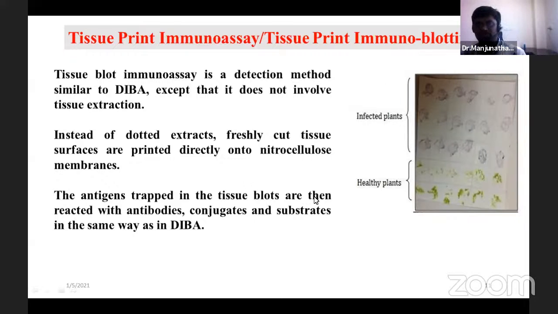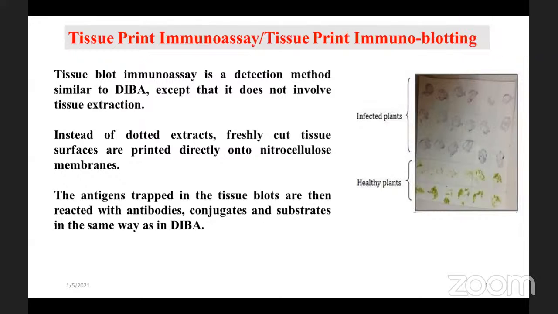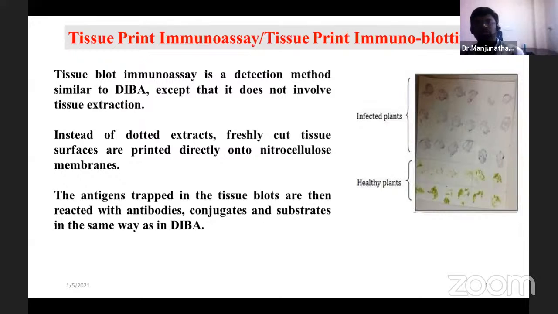You just take any infected leaf sample, cut it into a disk and press it on a nitrocellulose membrane, which already has specific antibody. If the sample is infected with the particular pathogen, and the specific antibody is on the nitrocellulose membrane, you get a positive result. If not, you get a negative result. We can tell it's a variant of DIBA.